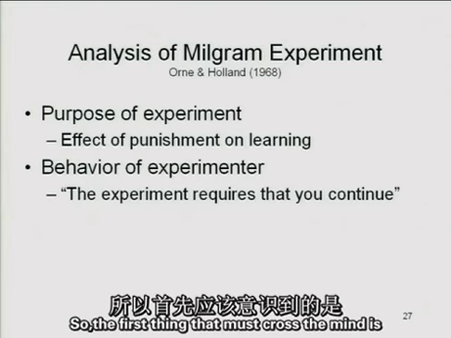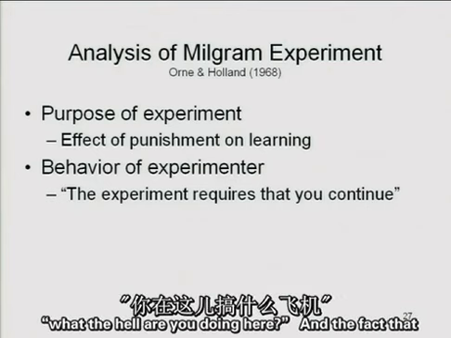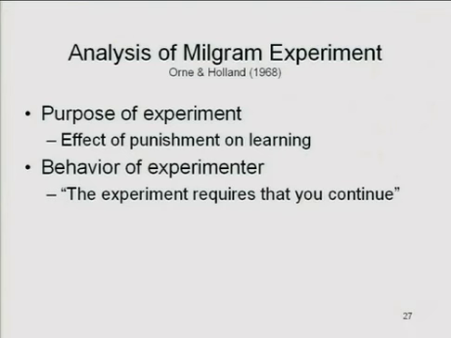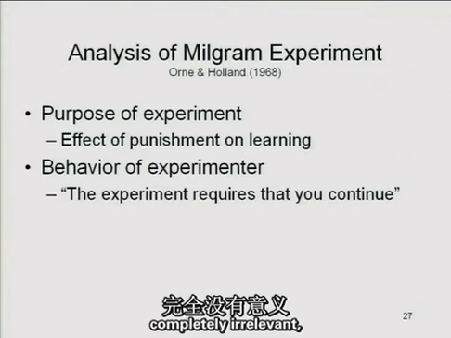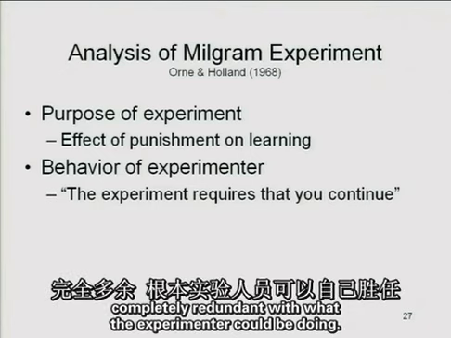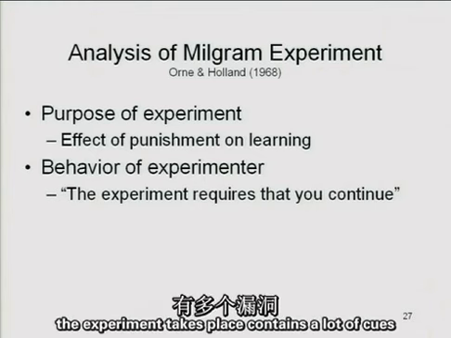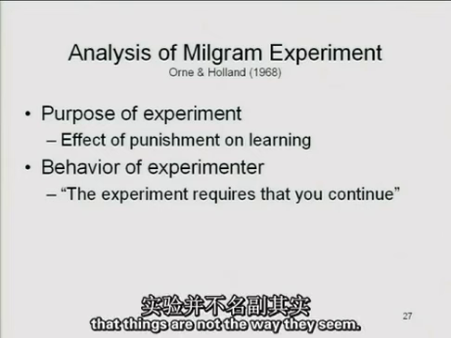So the first thing that must cross the mind of the teacher is, what the hell are you doing here? And the fact that the experimenter is sitting in the room with the teacher, and that the role of the teacher is completely nonsensical, completely irrelevant, completely redundant with what the experimenter could be doing, means that the total situation in which the experiment takes place contains a lot of cues that must communicate to the teacher that things are not the way they seem.